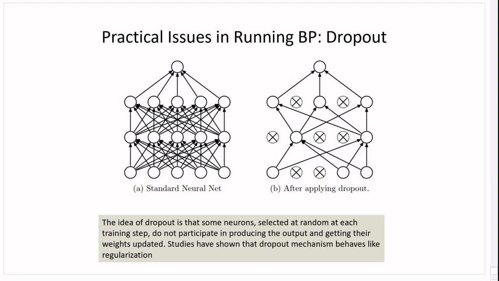The hidden neurons that are picked at different times are picked randomly. People have demonstrated that by doing this dropout, we are effectively doing something equivalent to regularization. This mechanism avoids overfitting in a manner similar to regularization. So sometimes people prefer doing dropout rather than regularization.